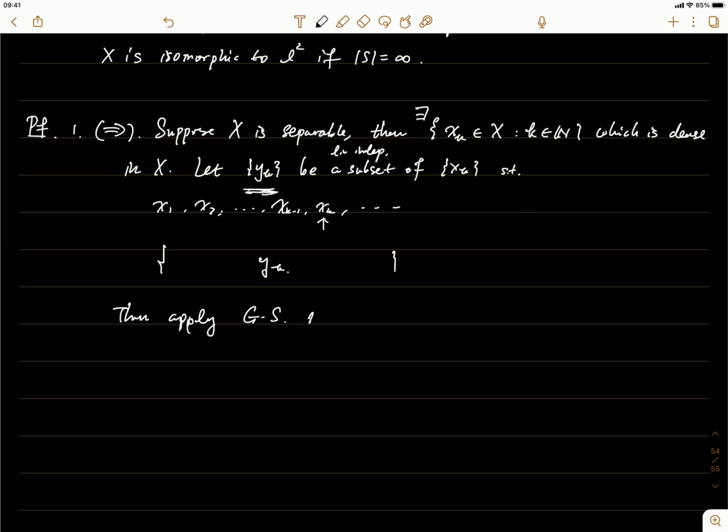Apply Gram-Schmidt to this yk to obtain an orthonormal set ek.